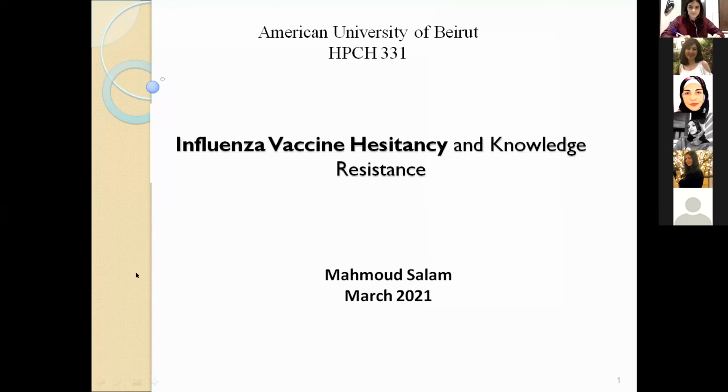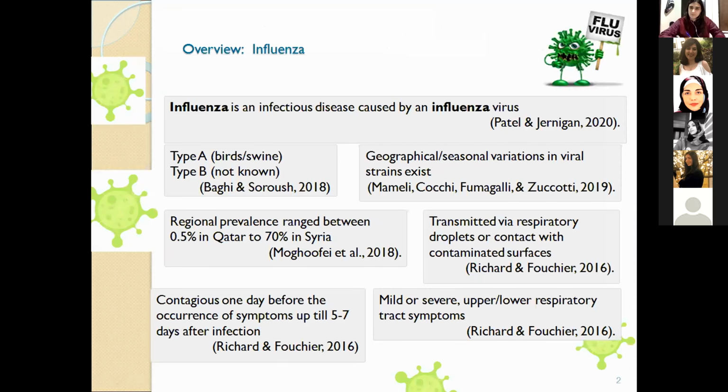Originally, my aim here is to find an association between two phenomena: influenza vaccine hesitancy and knowledge resistance. But today I will not talk about knowledge resistance at all. As an overview, influenza is caused by a virus, and there are two types of viruses, type A and B. We have geographical and seasonal variations.